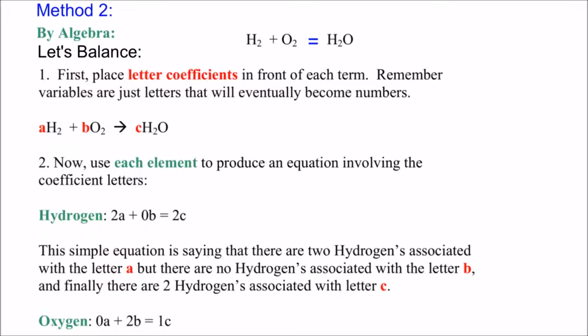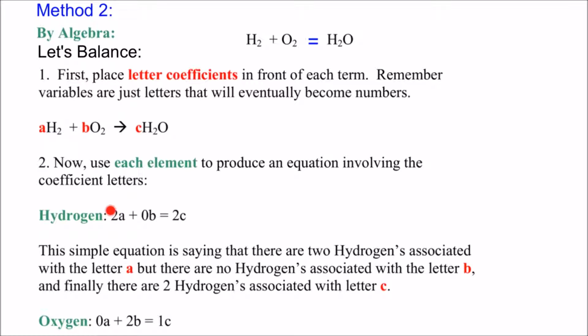Now we're going to create an equation for each element in the equation. Here's how you do it. We're going to write down the symbol for hydrogen. Here I've written the word out, but usually I just put an H down. Then you take the subscript of that element and multiply it by the variable you have in front.